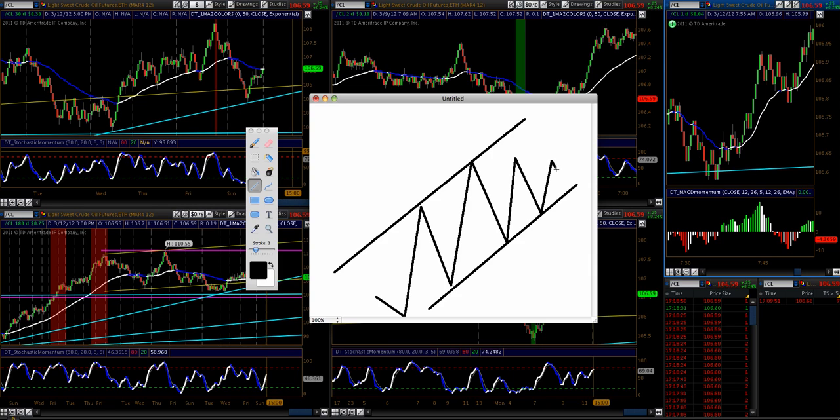This is also a wedge inside of a channel, because what we have here is a resistance, but we still have this support here for the support of this bullish channel. So the market has now come into a wedge. We're going to continue to buy the lows here, but they're failing before they reach the upper part of this channel.